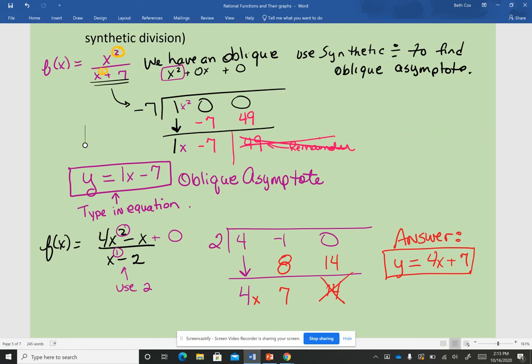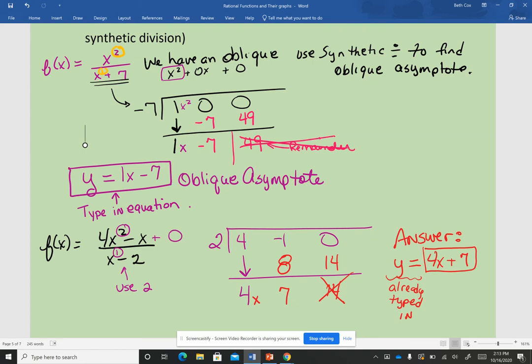Now, be careful. Some of the problems already have the y equals typed in. This one's already typed in, so be careful that you don't double type it because it will mark it wrong. Okay? All right.